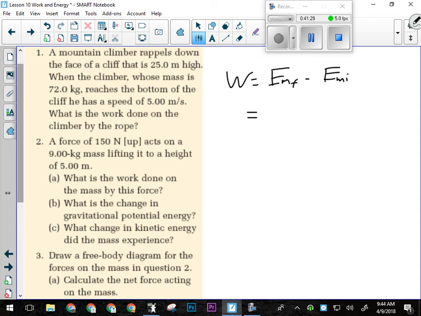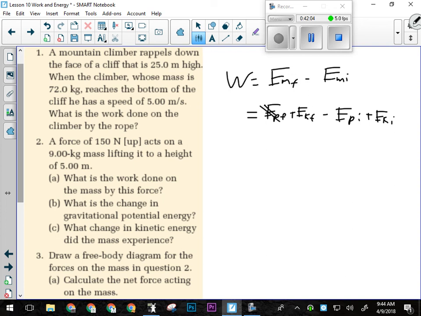At the bottom, my mechanical energy is all in what form? What's my height at the bottom? 0, right? Do I have any potential energy at the bottom? No. So if I'm looking at this and saying I've got EP final plus EK final, minus EP initial plus EK initial, so there's mechanical energy minus mechanical energy.